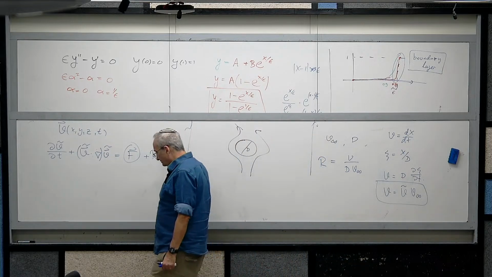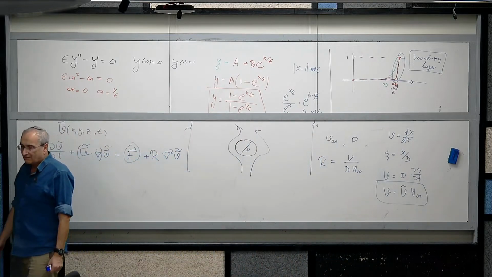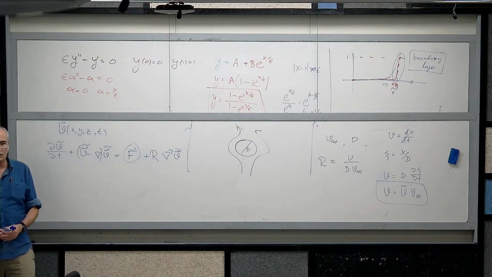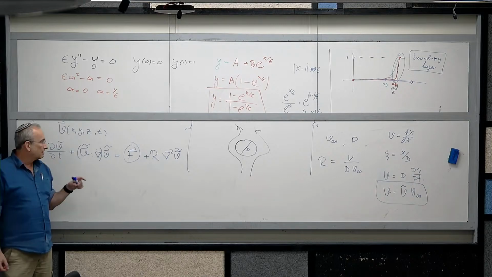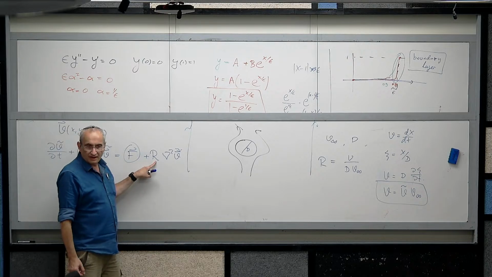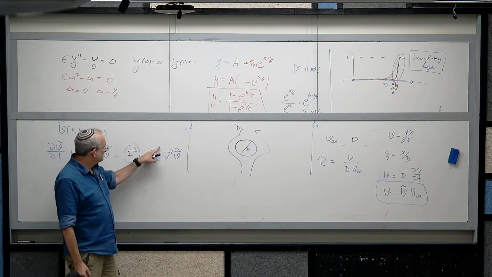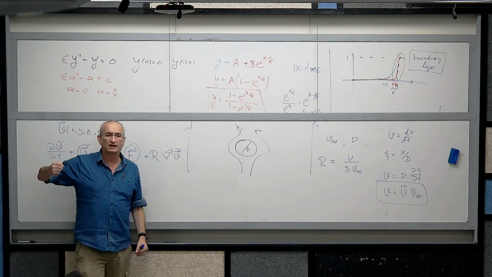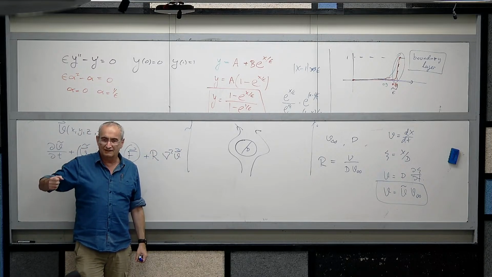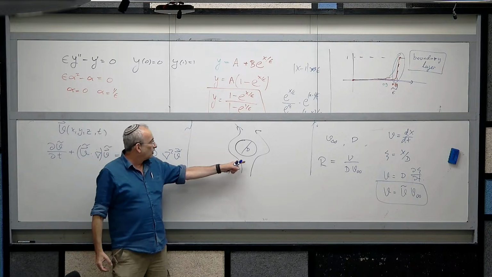Now, the question is, what happens when the Reynolds number is very, very large, huge? What does it mean? It means that the viscosity is very, very strong, right? It's like not having water here, but honey.